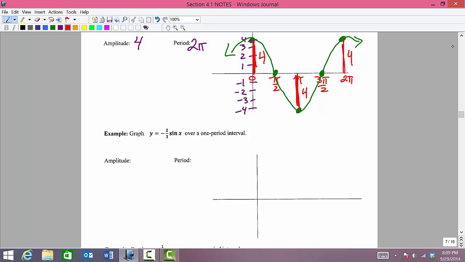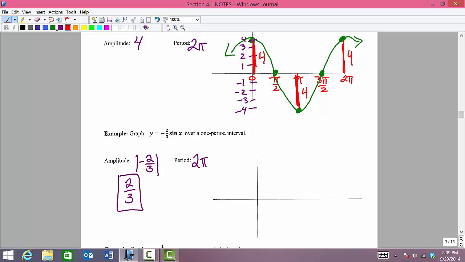Now we want to graph y equals -2/3 sine x. So first of all, our amplitude is the absolute value of the number that's being multiplied times the front of my function. So the amplitude is actually 2/3. The period is still the same, it's still 2 pi.